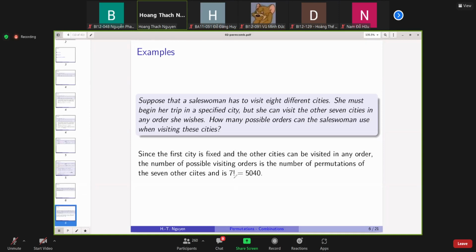You can easily calculate the numerical result: 7 factorial is equal to 5040 ways. You can see that it is a rather small number, but if you increase the number of cities slightly, maybe double the number of cities to 16.